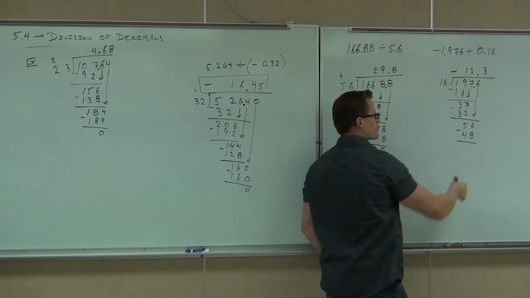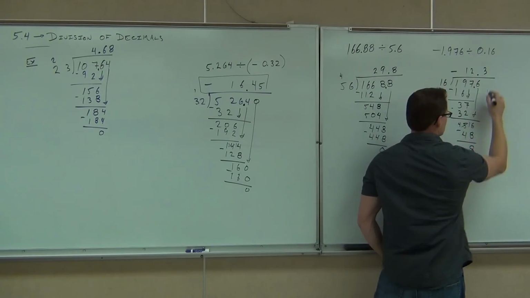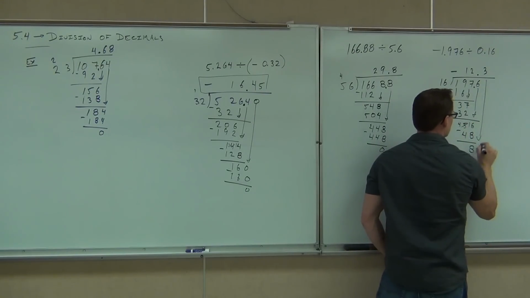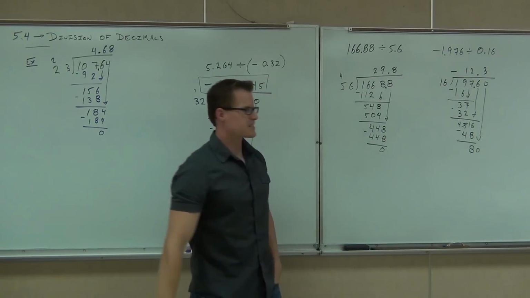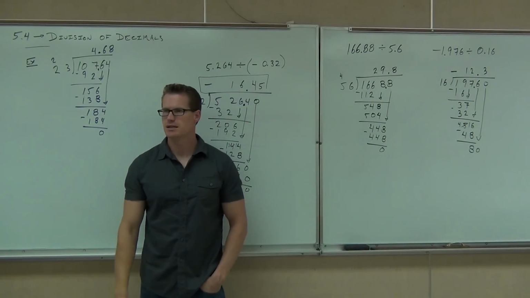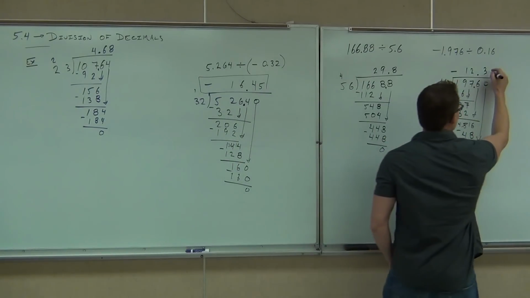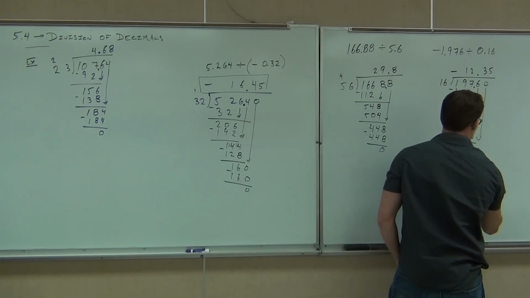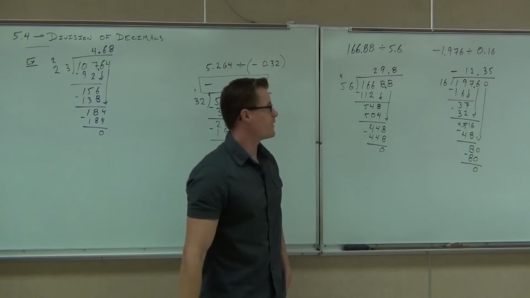Well, it looks like we're going to have a remainder. If that happens, add a 0. That's what I've got to do. So I'm going to bring down a 0 here. 16 into 80? It should be 5 times. So negative 12.35.